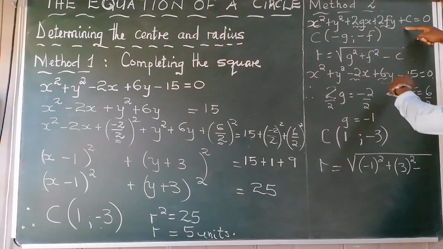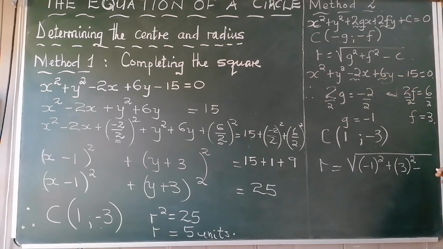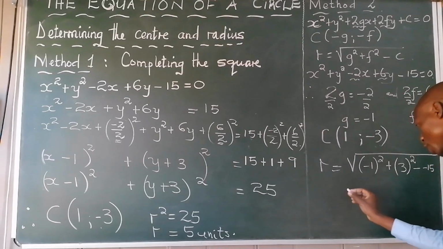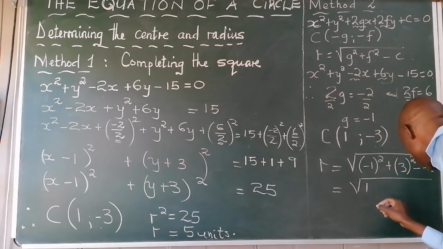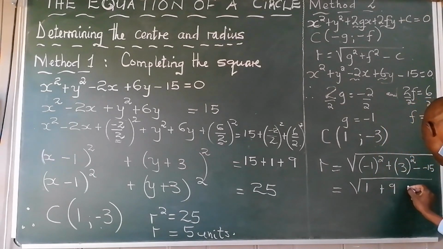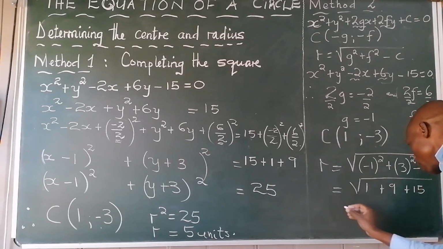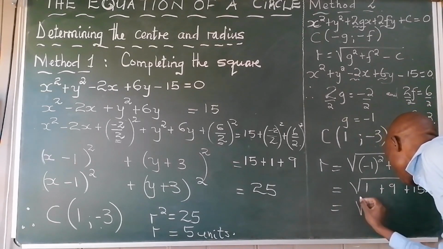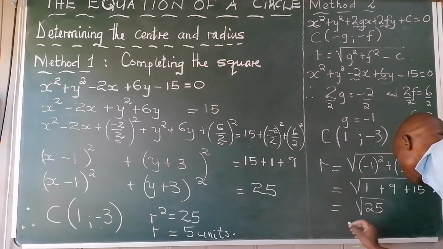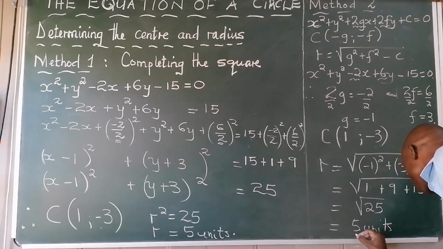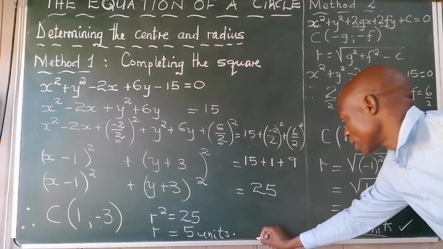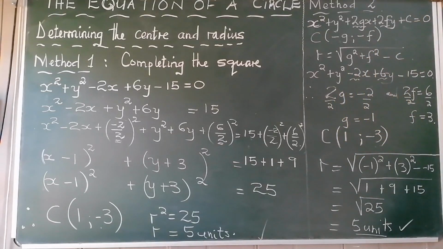Our c, when we compare these two standard equations, is minus 15, so minus 15, which becomes plus 15. So this would be equal to the square root of 1 plus 9 plus 15, which is equal to the square root of 25, which is equal to 5 units, which is exactly the same as what we obtained there.